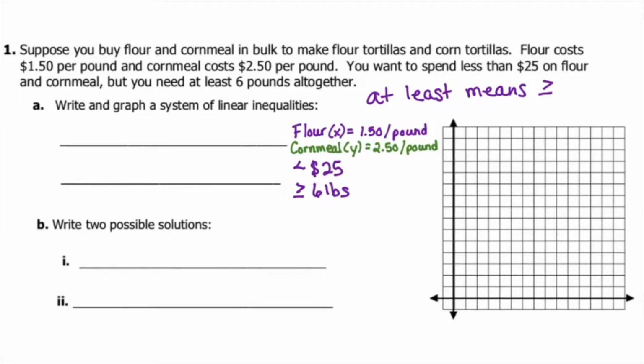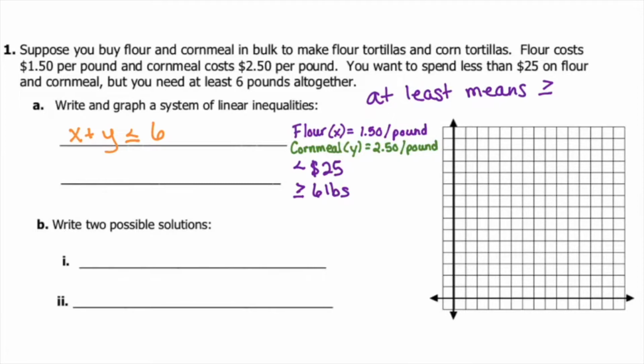So remember, when you're doing your two equations, in this scenario, you have items. So we want to keep our items together. So X plus Y is less than or equal to, let me put my little equal to underneath, less than or equal to 6, because you have a certain amount of pounds of flour and a certain amount of pounds of cornmeal that are going to all equal 6 pounds in total.